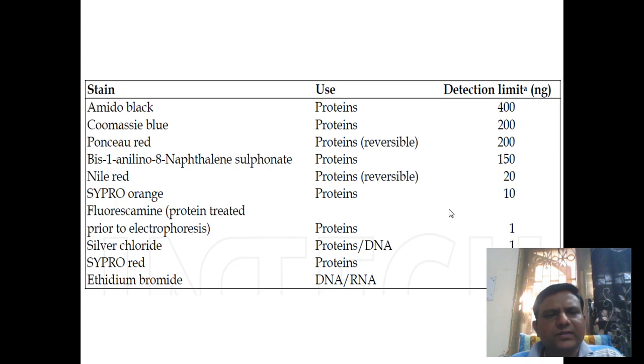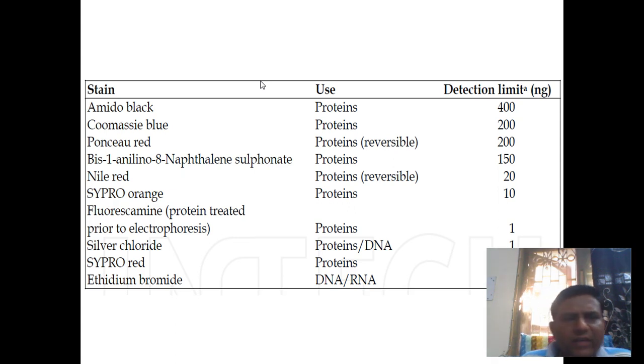Dear students, these are the various types of stains. After the completion of the electrophoresis process, you have to visualize the molecules. It may be DNA, RNA, or proteins. Whatever molecules are separated within the gel should be visualized, and only then can we analyze the result of the electrophoresis.